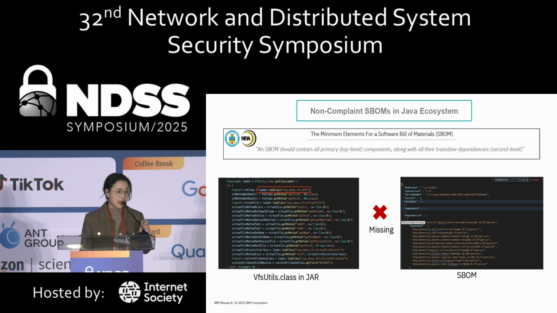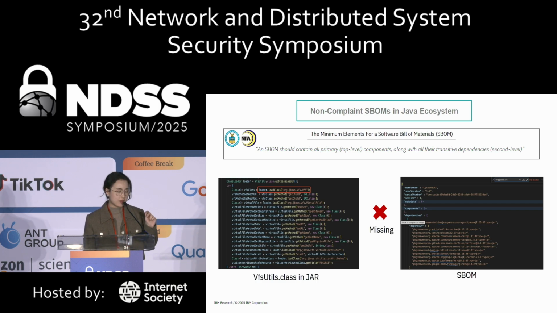A dependency that is actually used in the code but is not disclosed in the SBOM. As shown in the left figure, there is a class file called org JBOSS VFS class. It's dynamically loaded and actually used by the code in VFSUtils.class. However, this direct dependency is missing in the SBOM, which means that this SBOM failed to meet the NTIA completeness requirement, making it non-compliant.